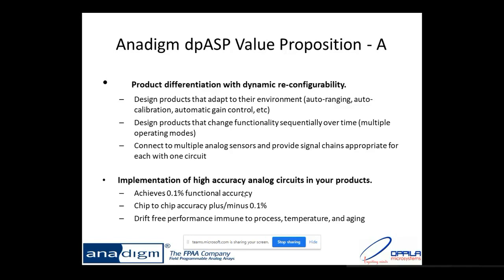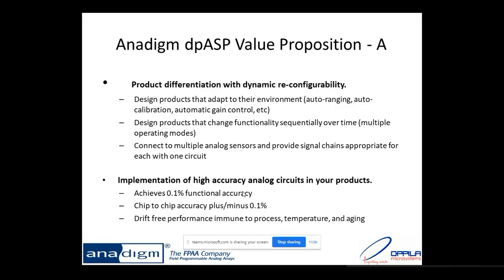The chip-to-chip accuracy is when you process the same circuit in two different FPAAs. Out of these 4 FPAAs, you can design a simple circuit in any two, and the accuracy would be plus or minus 0.1%.